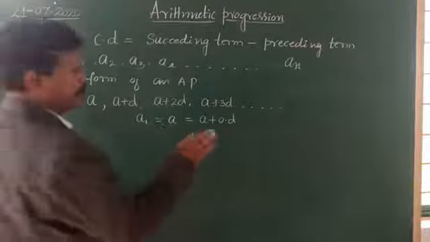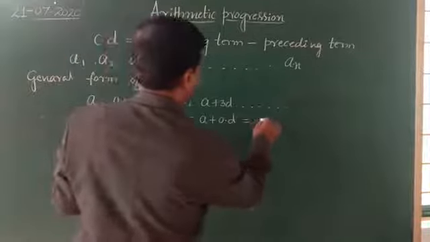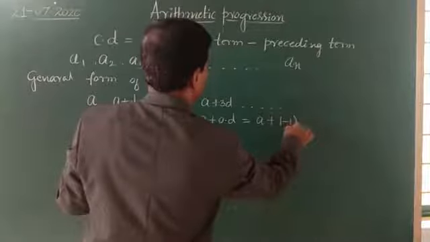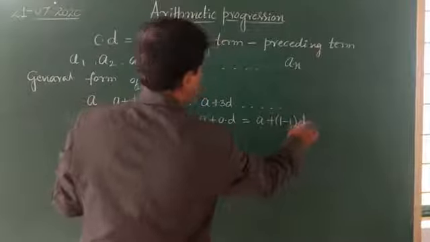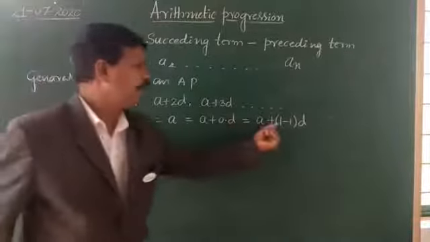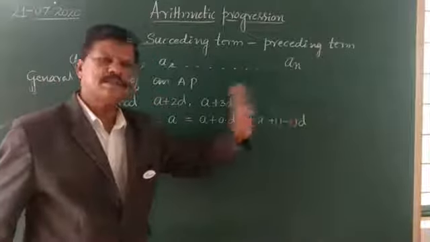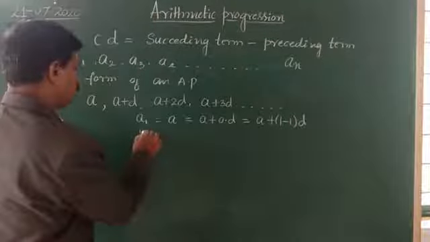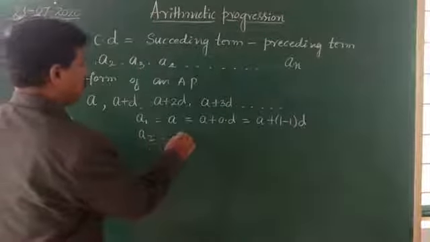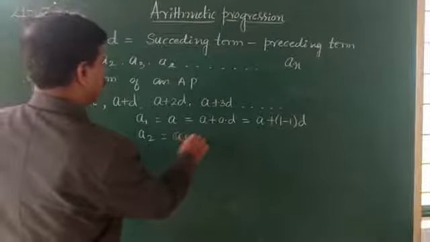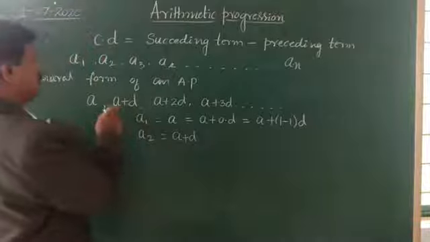So A plus 0 is A. Again I am writing this in the form of A plus 1 minus 1 into D. Look at this, A1. So 1 minus 1 is 0. Right. Now A2 is what? A plus D.